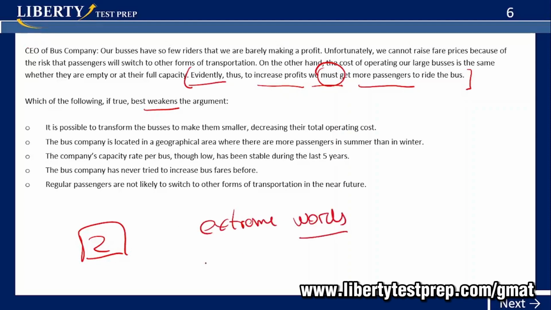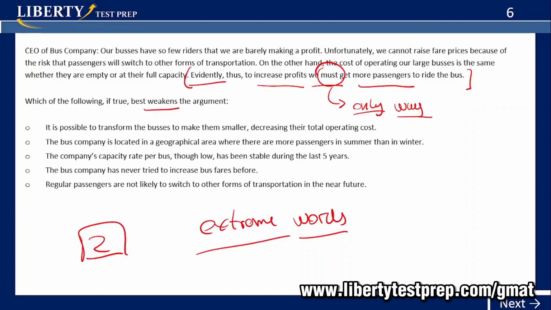Okay, extreme words. Basically, words like all, never, only, nothing, and also the word must. Must is basically saying that's the only, you're going to remember, right? Only way. So the only way for you to increase profits is by getting more passengers to ride the buses.